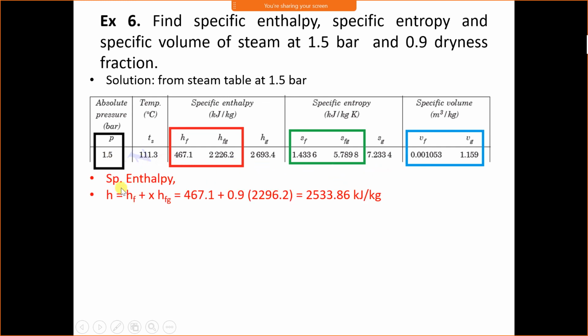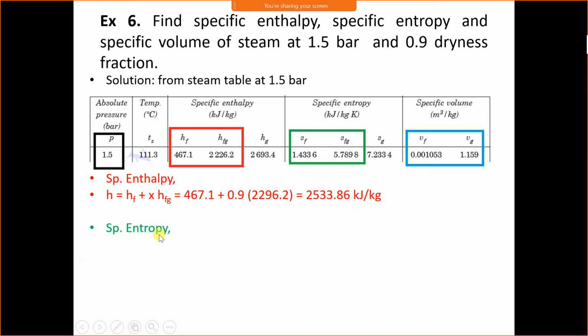Specific enthalpy. The formula is hf plus x hfg. Now, at 1.5 bar, hf is equal to 467.1, x is 0.9, then hfg is 2262.2, then it is coming out to be 2533.86 kilojoule per kg.